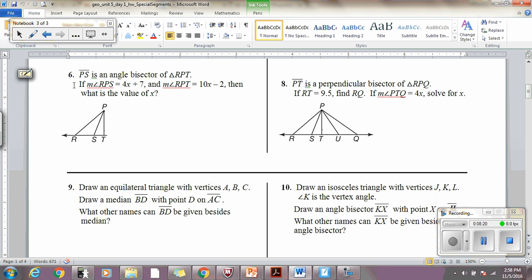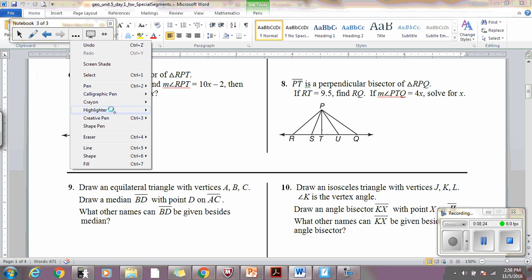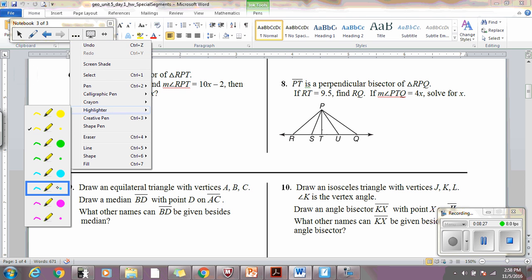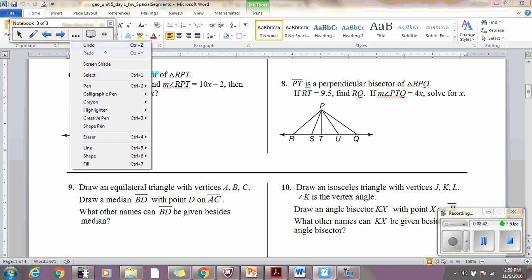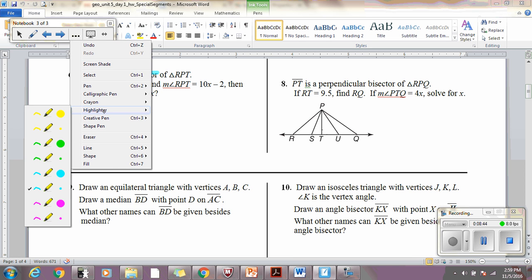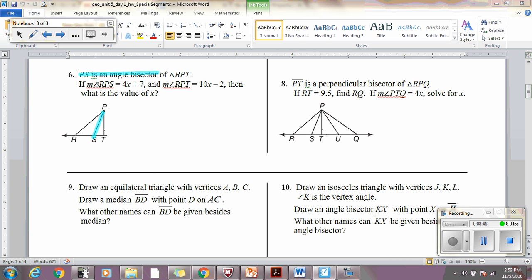Number 6 says that PS is an angle bisector. So let's highlight PS. And it tells us that RPS, let's highlight that one, RPS.